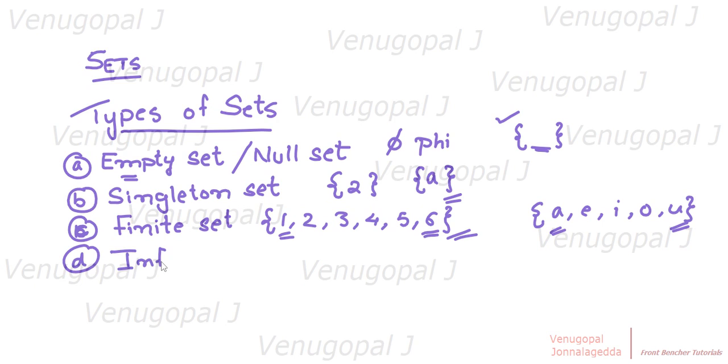Infinite set is also a kind of representation. Supposing I want to represent the set of natural numbers. Natural numbers can range from 1 to an infinite number.